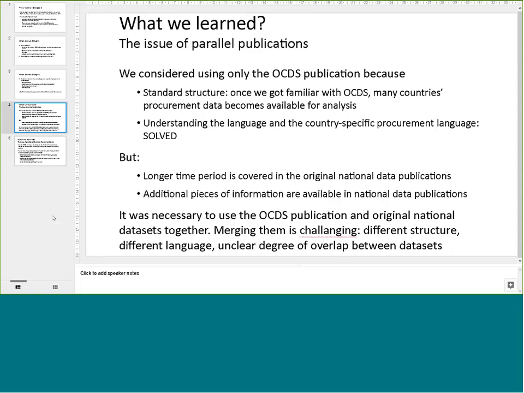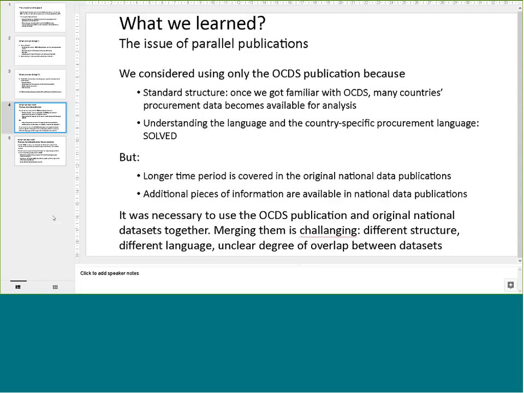But still, we faced a few challenges, and most of them were related to the fact that parallel publications exist in these countries. So the OCDS publication and the official national publication run side by side, but their content is not exactly the same.